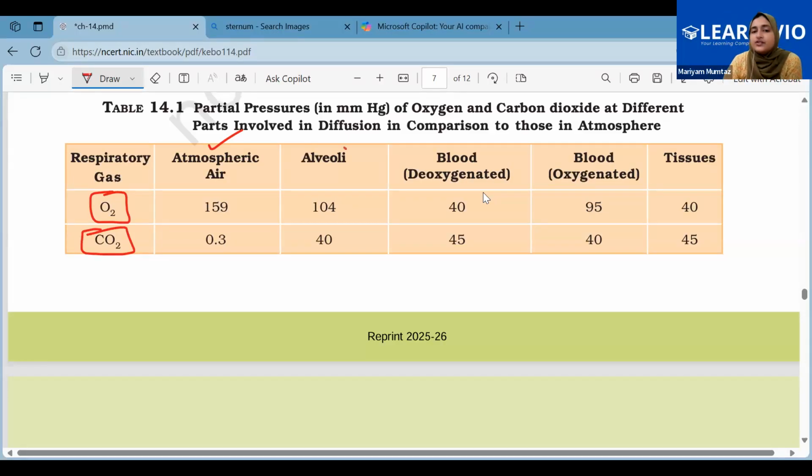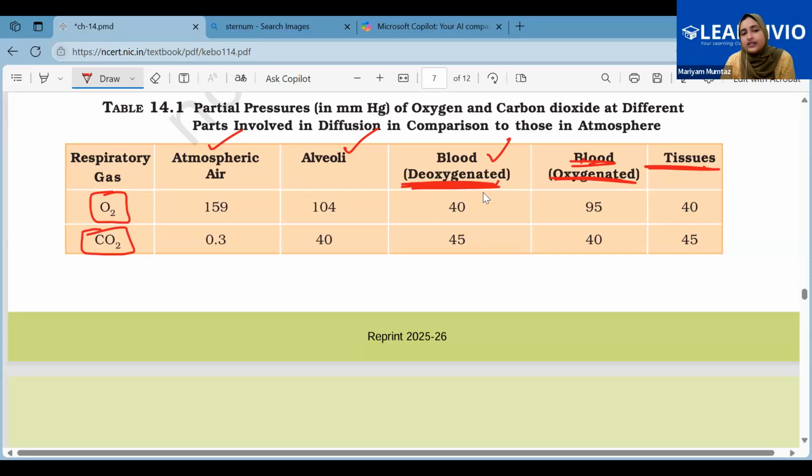Then we have the exchange part, that is the alveoli. We have the impure, deoxygenated blood, meaning CO2-rich blood. And then the pure, O2-rich blood, and then the tissue.